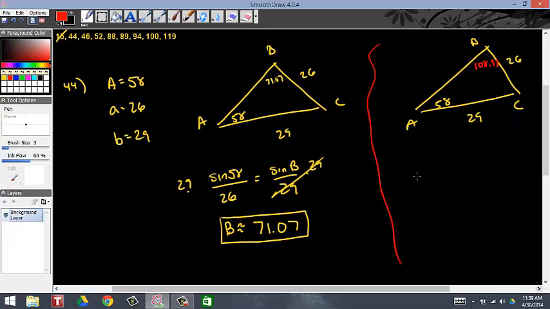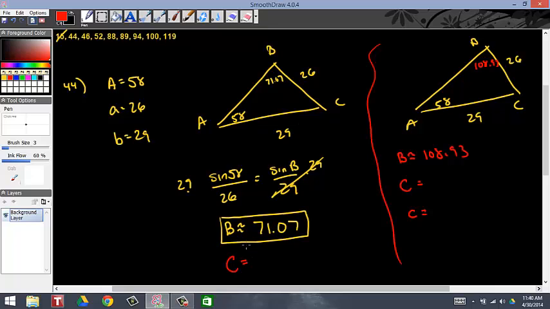So now we need to finish the law of sines twice for this particular problem. So B equals 108.93, and now we need to figure out what angle C is, and then side C. 180 minus the answer.